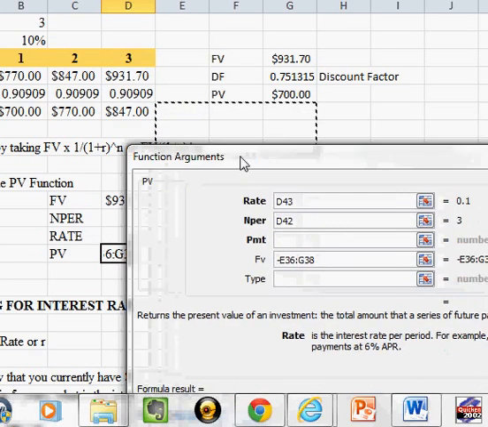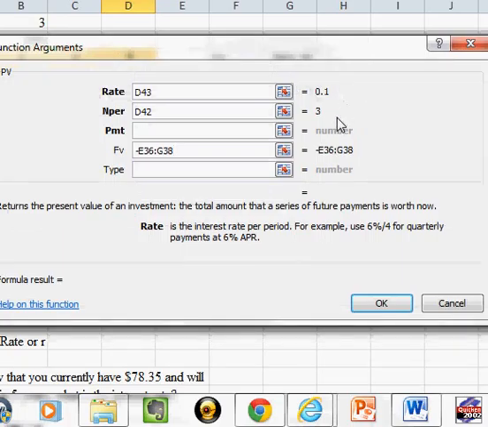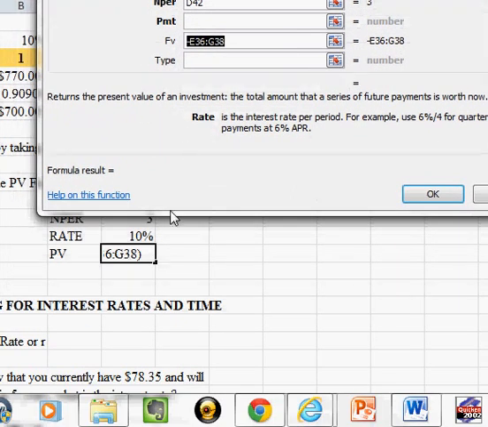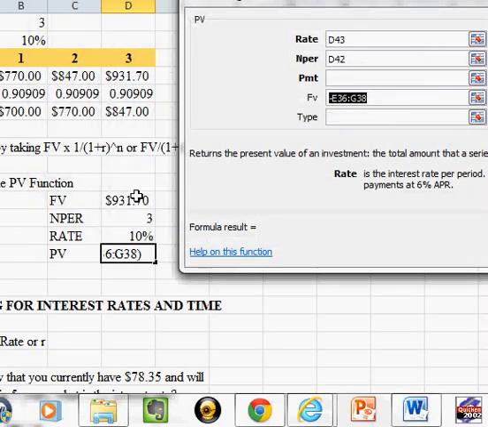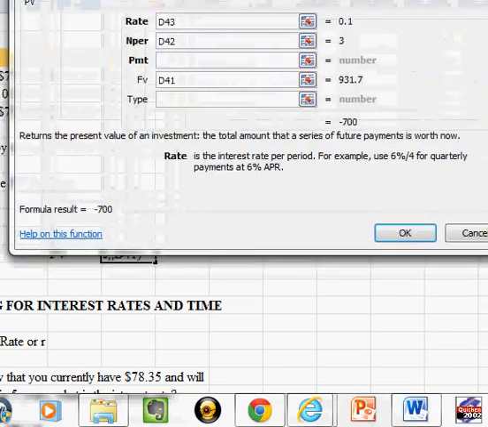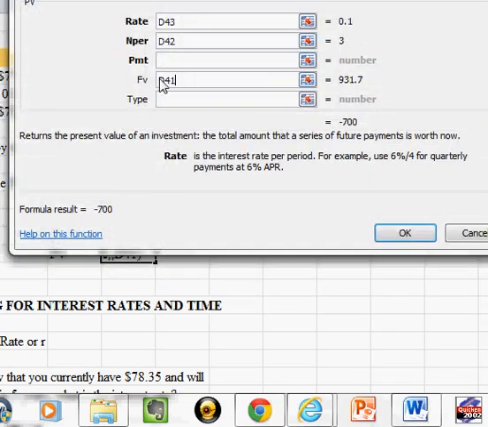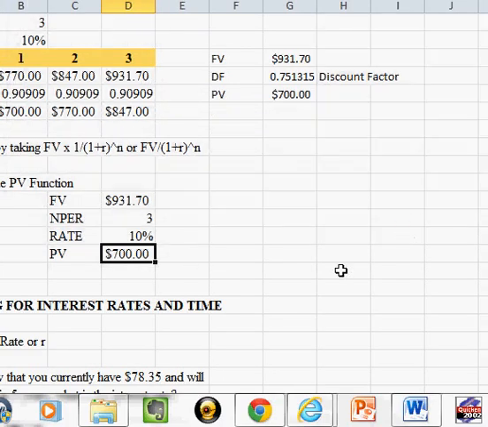So my box looks like this, 10%, 3 years, negative on my cell. Okay, so I need a negative of that number. And hit OK, and I come up with the $700.